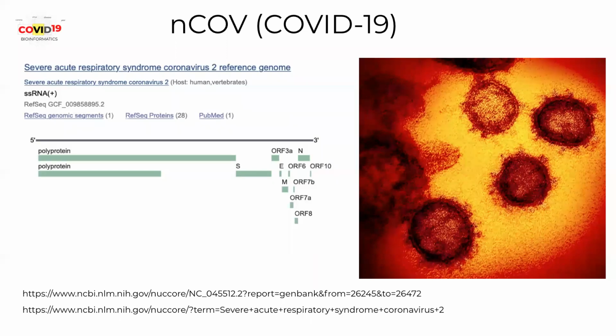The replicase gene encoding the non-structural proteins occupies 2/3 of the genome, which is about 20 kilobases, as opposed to the structural and accessory proteins, which make up only about 10 kilobases of the viral genome. At the 5' end of the genome, there's a leader sequence and an untranslated region that's called a UTR, and this contains multiple stem loop structures that are required for RNA replication and transcription.